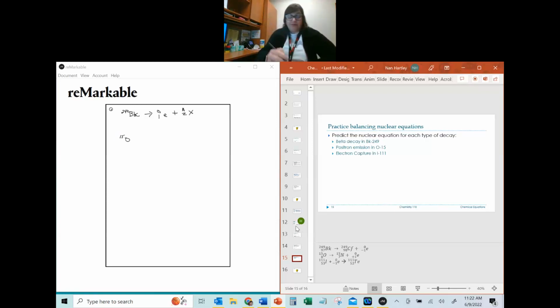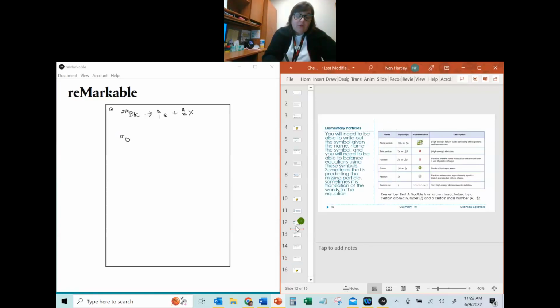If I want to go back to this slide right here, what's a positron? That's a 0 plus 1E. So it's exactly the same as the beta particle. Plus an AZX. Notice I haven't filled in these numbers yet because I don't have them at the moment.